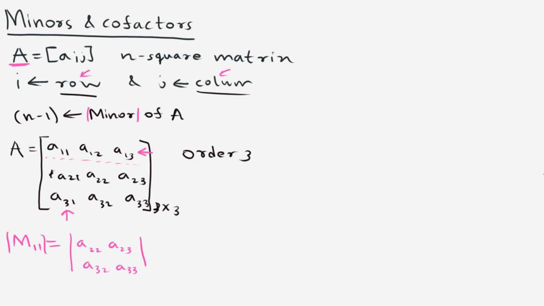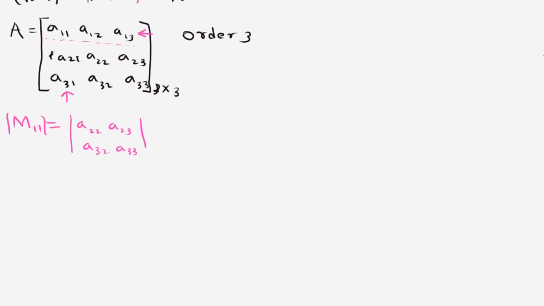Now assume I delete the first row and the second column. The resulting minor will be M12, and the remaining entries will be A21, A23, A31 and A33.